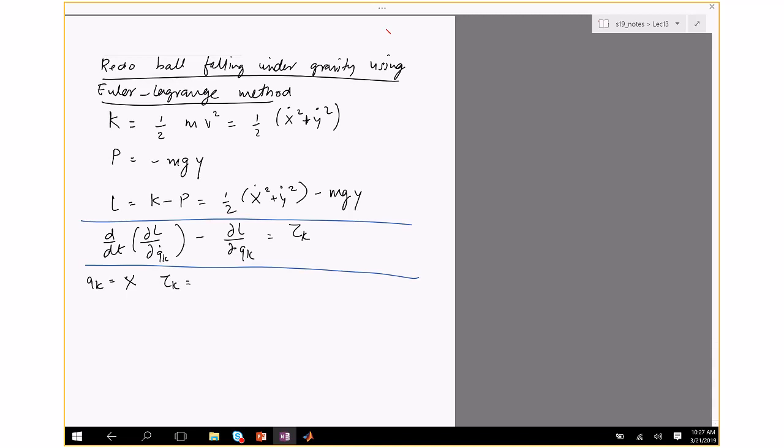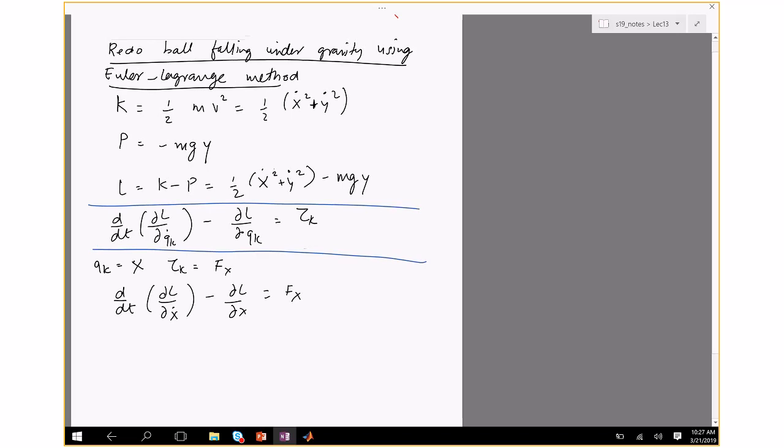Is there a force? What about drag force? So drag force is in the x direction. So we have d/dt of ∂L/∂ẋ minus ∂L/∂x equals the drag force. Okay, now this probably is the hardest for people. Let's do this. So first I do ∂L/∂ẋ.